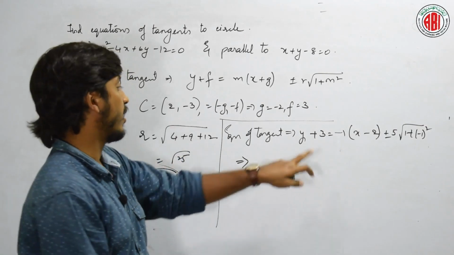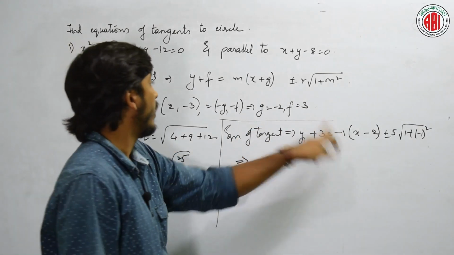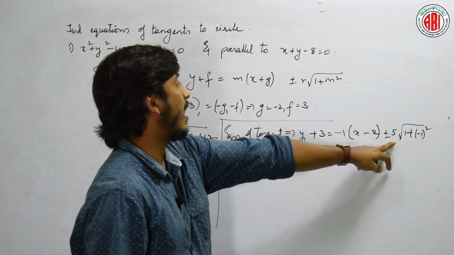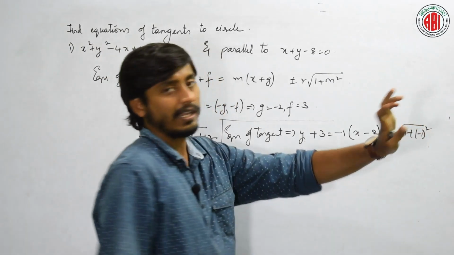Clear? Once again, check. y + f = m(x + g) ± r, with r as 5 into √(1 + (−1)²).